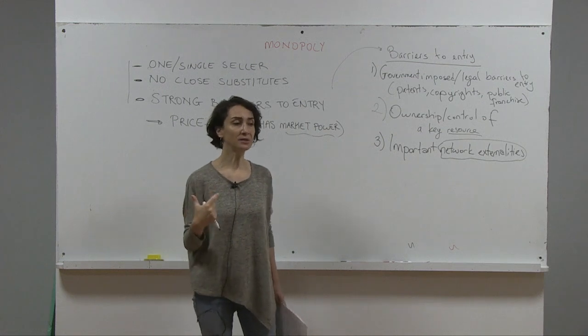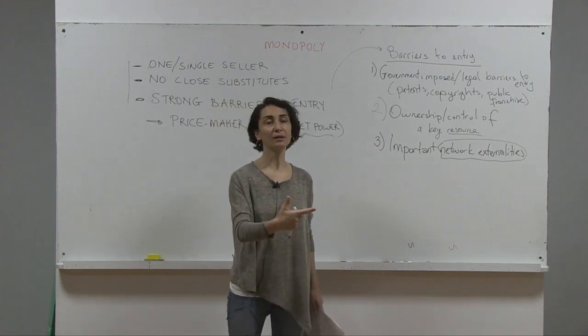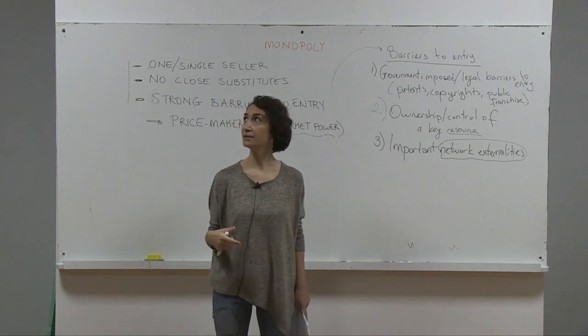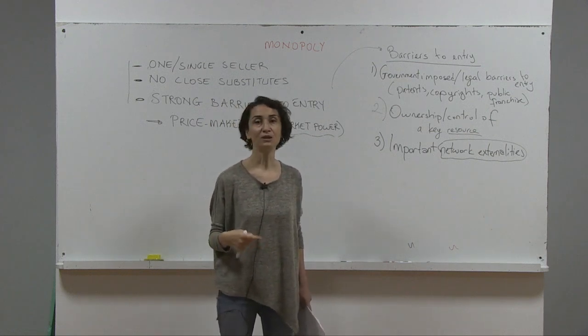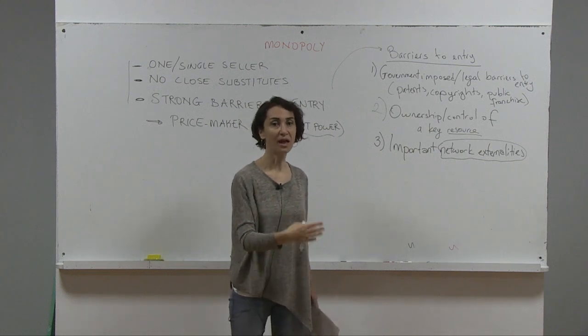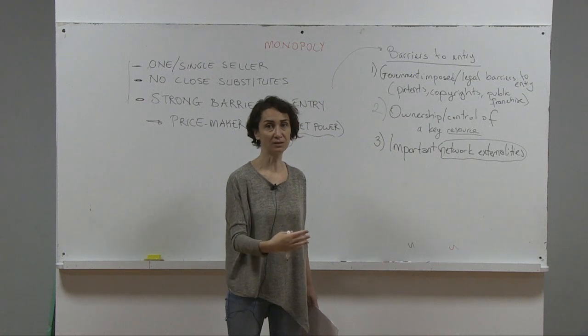Now, other people see Facebook and they say, wow, this guy is making a lot of money, so I can actually start a business like this and I can profit from this.